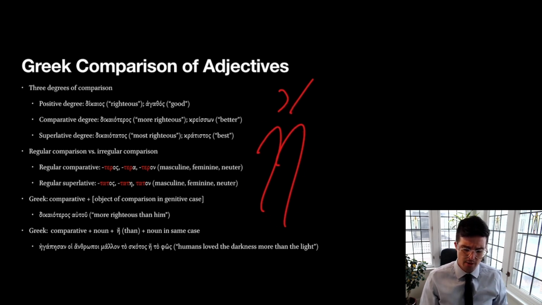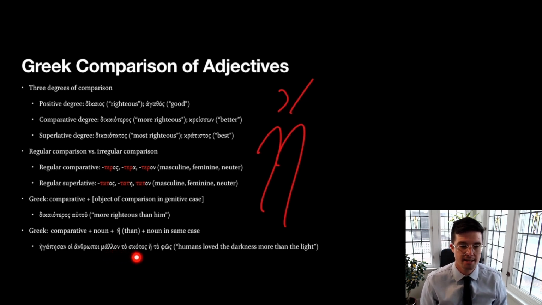When Greek uses this word, e, it will have a comparative adjective, then a noun, then that little word, and then another noun in the same case. So over here we have the humans loved, and then malon is going to be our comparative word, meaning more. In this case, we're going to do more than, because we always want to get that English word than in there for the comparative.